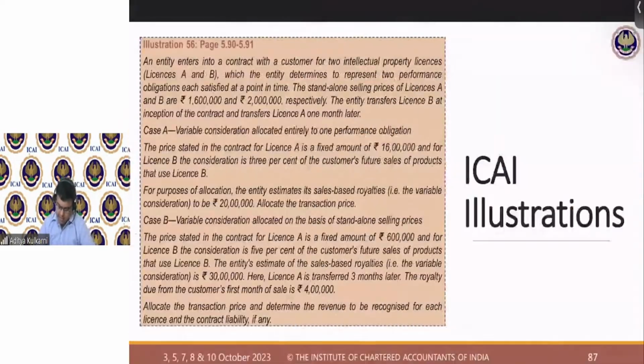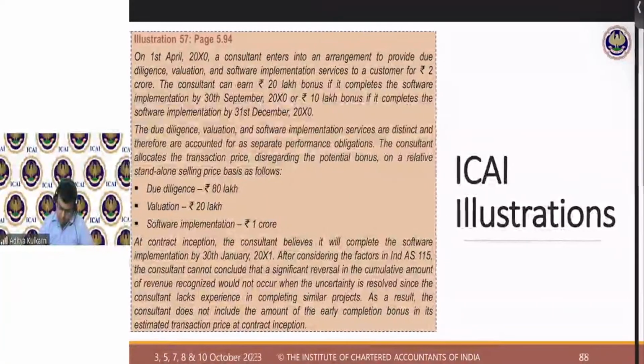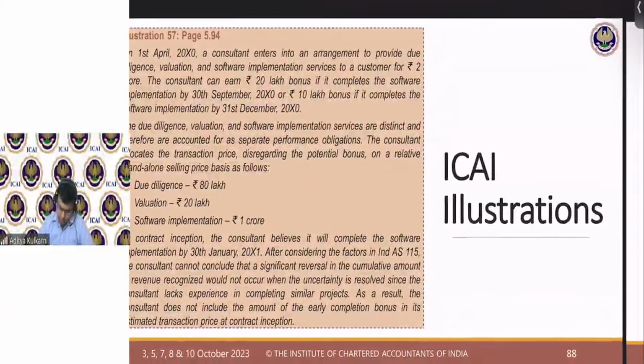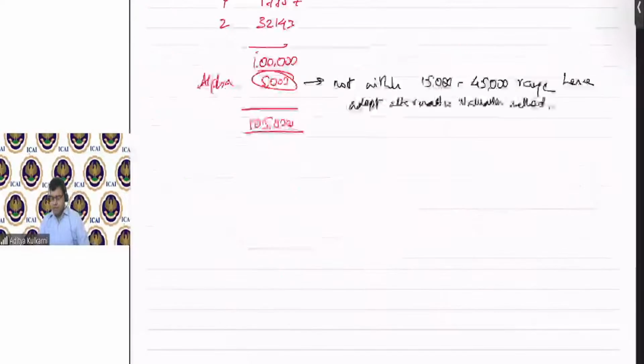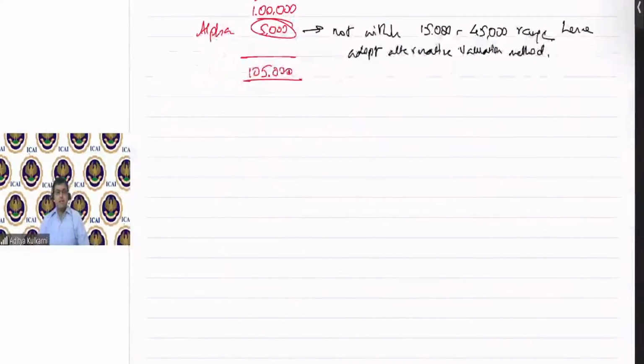Nothing else is there. We now come to revenue recognition, step number 5. We have to complete this fast. We don't have time. Major concepts, most of the things you have already understood now. The only thing that we now have is recognizing revenue as and when the performance obligations are fulfilled.